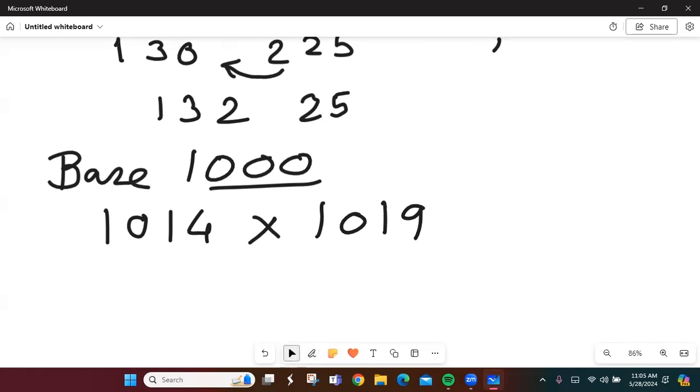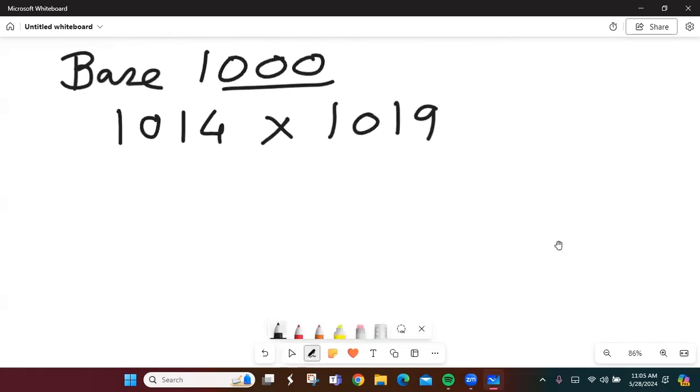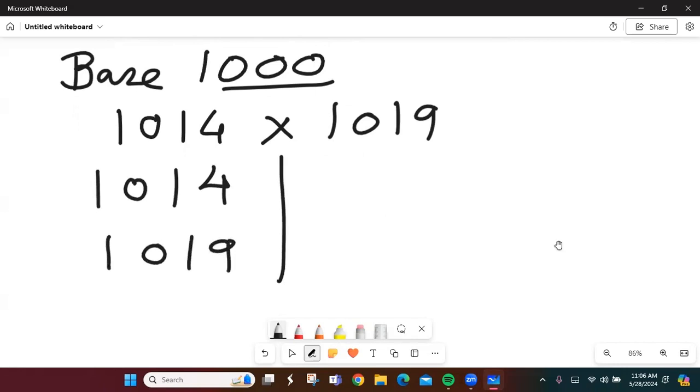So write 1014 and 1019 one below other. I will write 14 here and I will write 19 here. So multiply 14 with 19, which is 266.